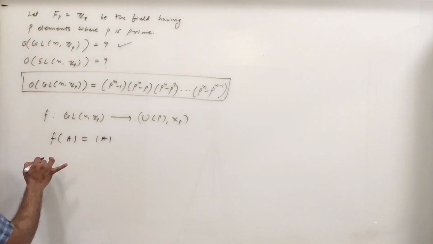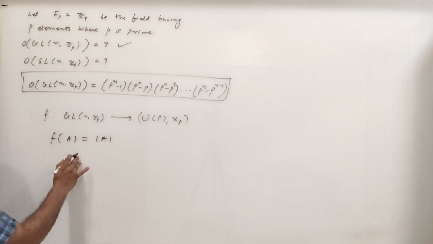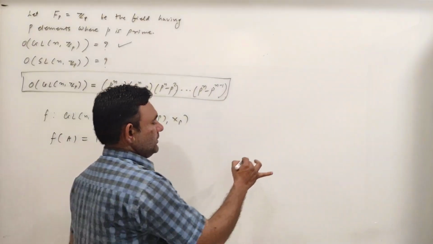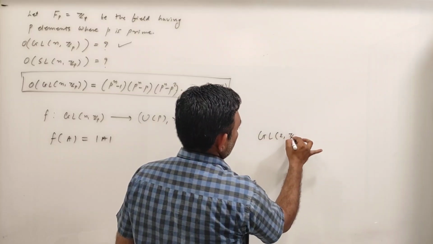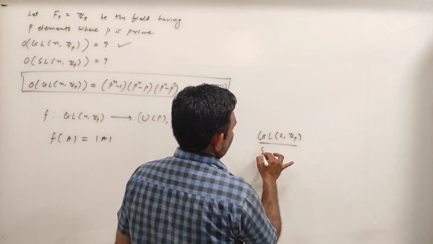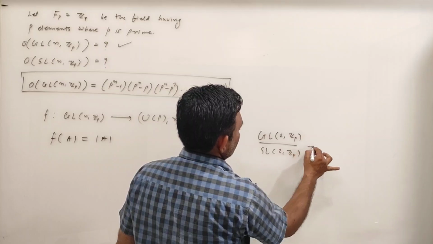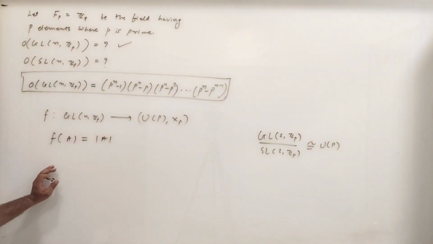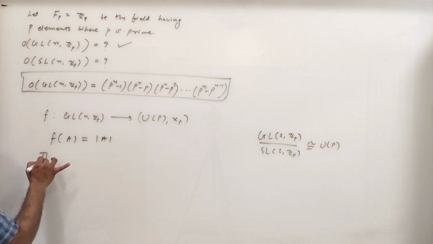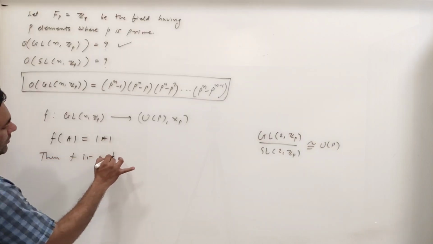When I proved that GL_n(Z_p) quotient SL_n(Z_p) is isomorphic to U_p, at that time I defined the same mapping. So then f is a homomorphism.